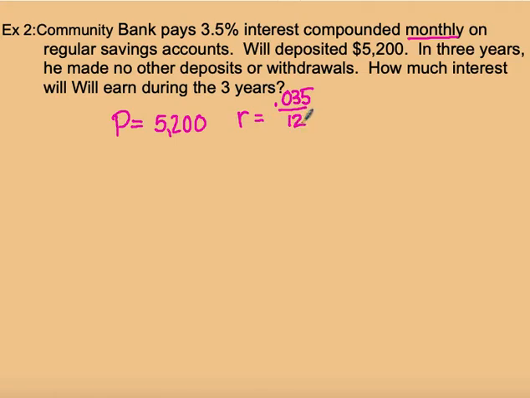In 3 years, he made no other deposit. So our period is going to be, so he's keeping that money in for 3 years and he's compounding it monthly. So he's going to have 36 compounds or 36 periods within that time frame. How much interest will Will earn during the 3 years?